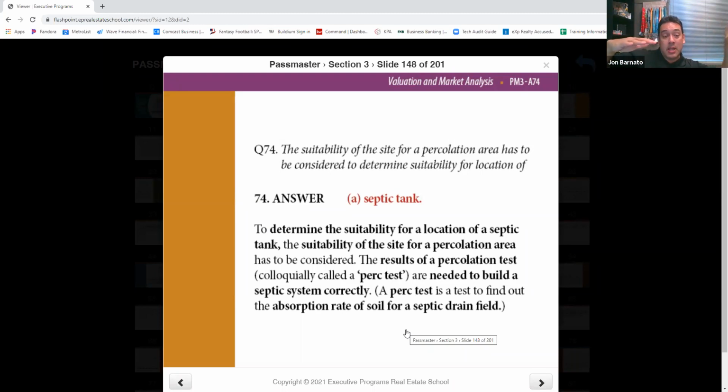And on the other side, there's another tube that goes out where all the supposedly semi-clean water comes out, and it goes into the ground in a certain area. That area has to have a perk test or a percolation test because they want to make sure it doesn't build up and create a cesspool. So they want to make sure it percolates down into the water table, right? So we did that perk test.